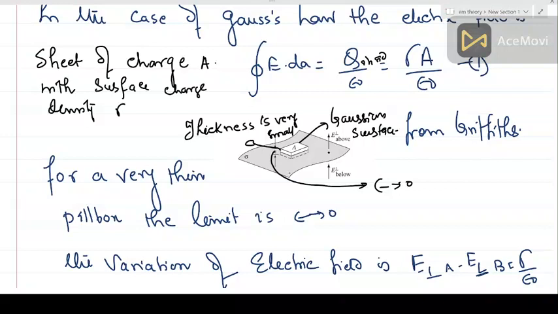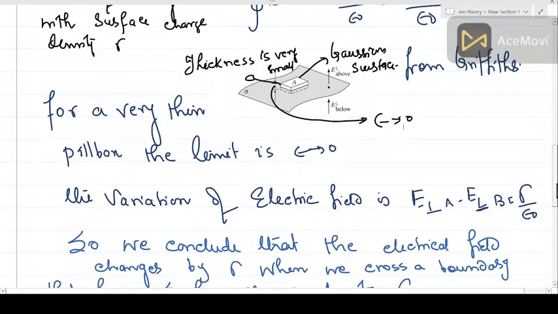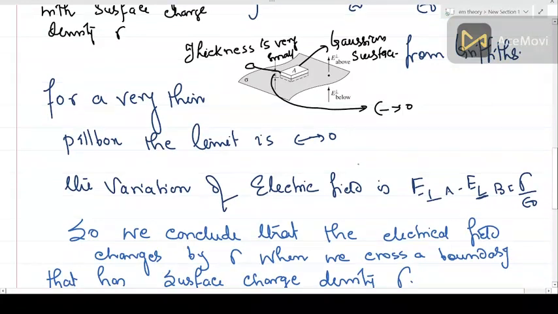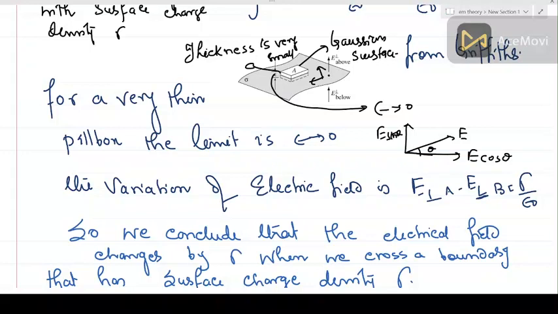Now consider the variation of the electric field. Electric field is a vector quantity, so you have to resolve it. If this is the electric field vector and the angle is theta, then this is E cos theta and this is E sin theta. One is the horizontal component along the sheet and another is the perpendicular component to the sheet.